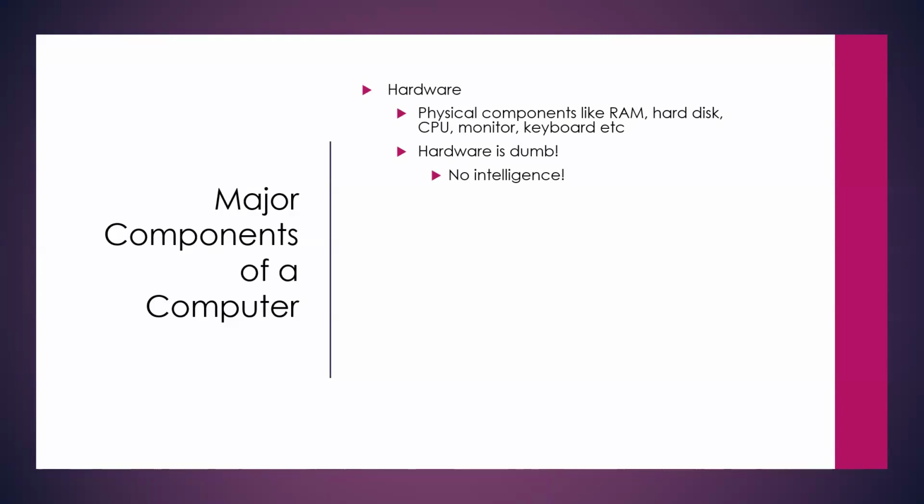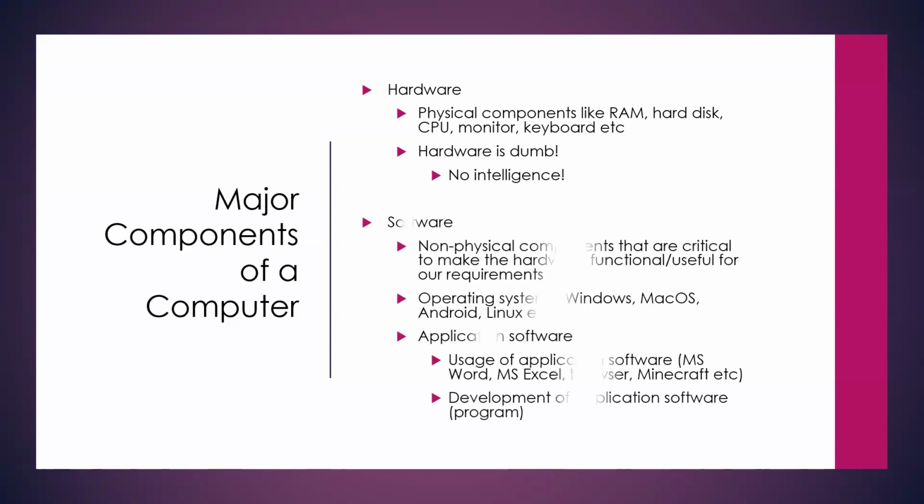Hardware is composed of the physical components like RAM, hard disk, central processing unit, monitor, keyboard, and all those things which have physical existence to make up the computer. In addition, what we have studied so far is that hardware is dumb, which means it has no intelligence. So hardware cannot do anything on its own. Whatever it does, we have to provide it with the proper sequence of instructions.